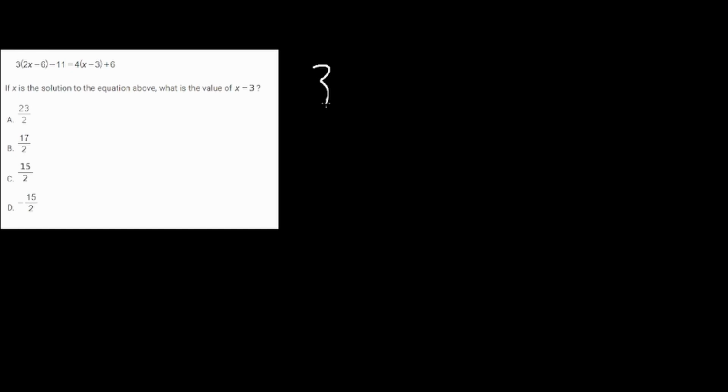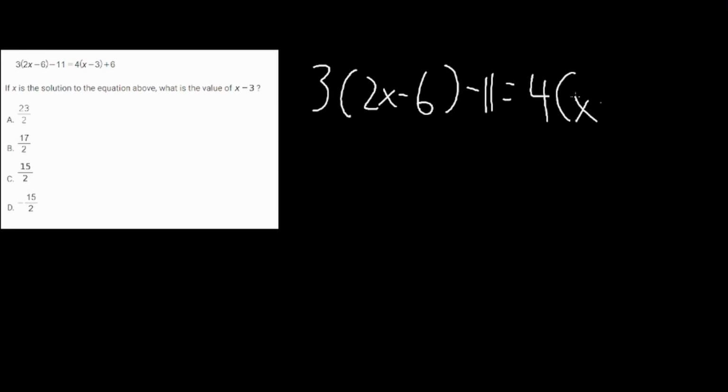This question is a bit more difficult, but it's nothing we can't solve. It's saying that 3 times (2x minus 6) minus 11 equals 4 times (x minus 3) plus 6. And with that in mind, what is the value of x minus 3? Now, I could solve this by multiplying everything out, all the coefficients out, and solving for x.